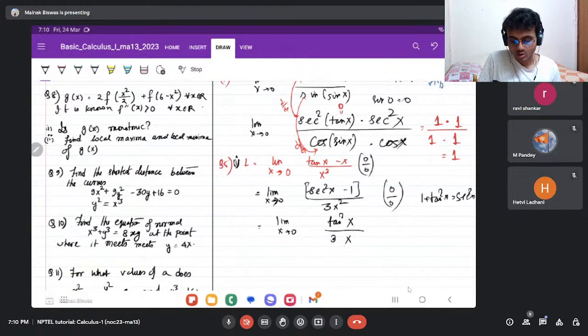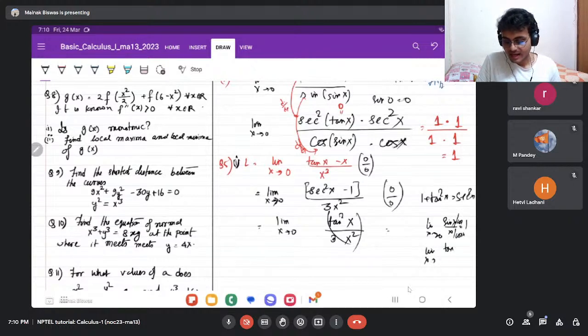Yes. So, tan x by x is, we know sin x by x is 1 as limit x tends to 0. So, dividing by cos does not make any difference, right? Numerator, denominator you can divide by cos. So, your limit tan x by x, which is also 1, is equal to 1, right?